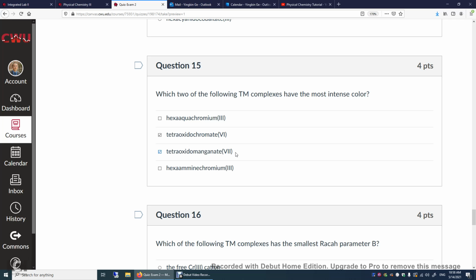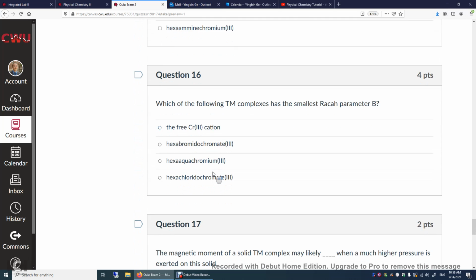The electrons flow from the ligands to the completely empty d orbitals. You do not have any d electrons, so during the electronic transition, it must involve electron flow from the ligands to the completely empty d orbitals of the transition metal center.